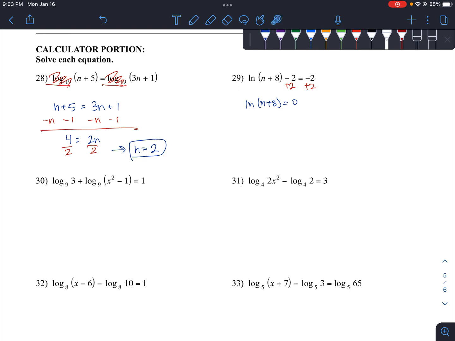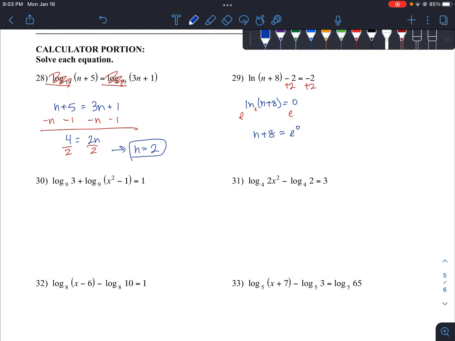Okay, and then here I can do one of two things. I can exponentiate both sides with a base of e, or I can rewrite it in exponential form. Either way you get the same thing. So e to the natural log, remember that the natural log has a base of e, so essentially these will cancel and leave me with n plus 8 equal to e to the 0 power.